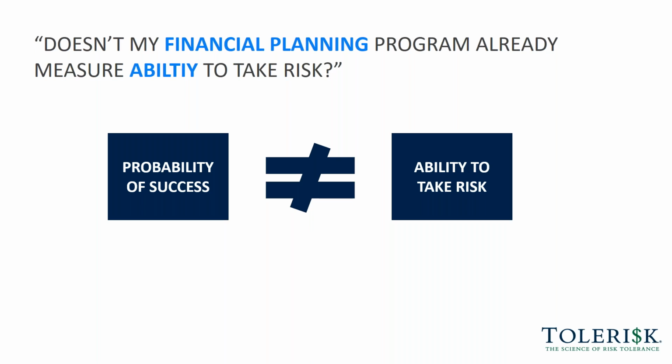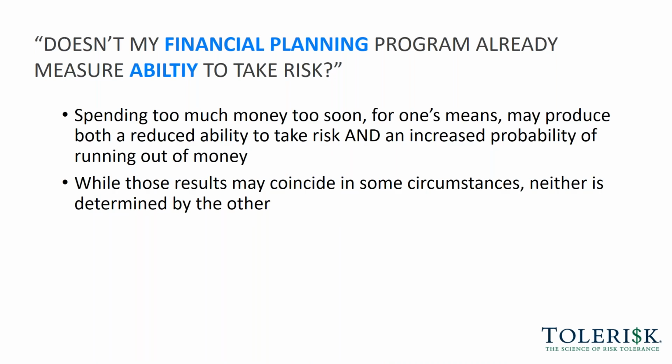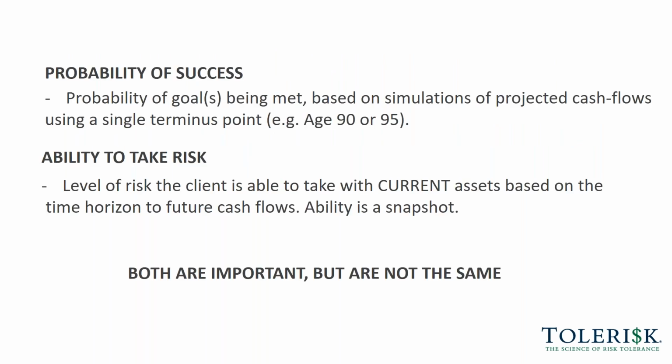The probability of success is not the same thing as their ability to take risk. The reason that it's often a misconception is because when you have a situation where a client spends too much money, that both reduces their ability to take risk because they're using money sooner, and it also reduces their probability of success. So they coincide, but it's not that one causes the other. And we'll go through an illustration of why that's the case in a moment.